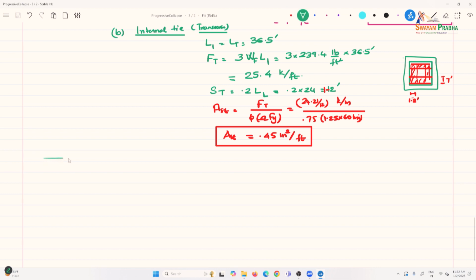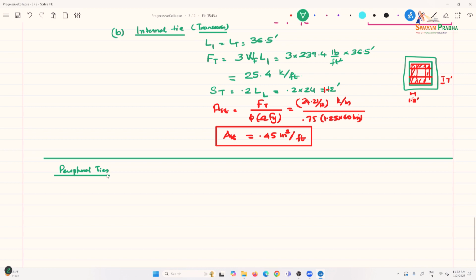Then we look at peripheral ties. So, over the edges we have brick wall weight. So, we need to consider the brick wall weight.